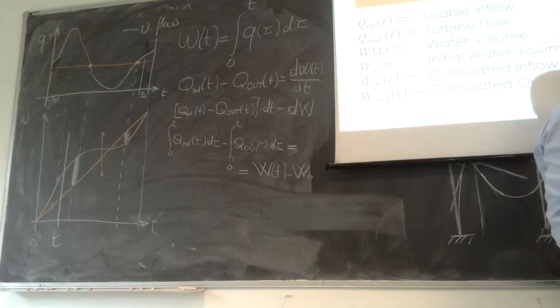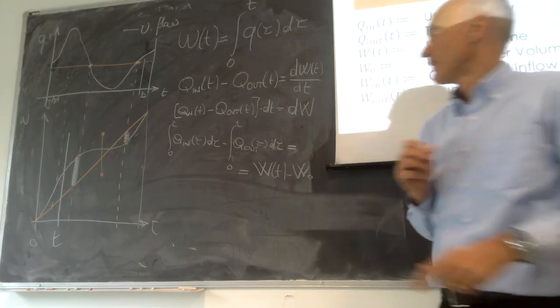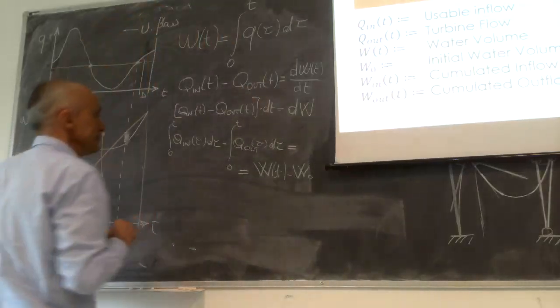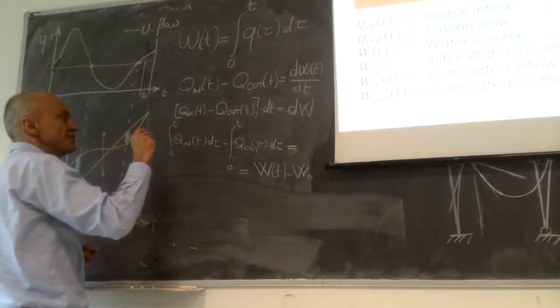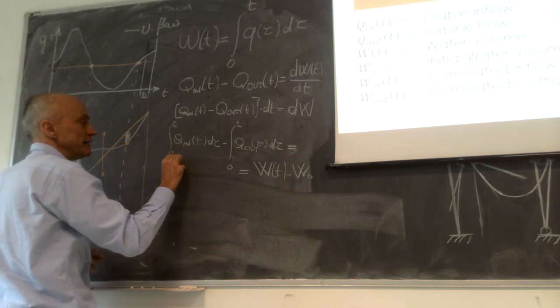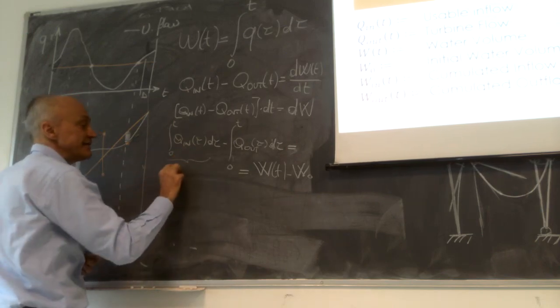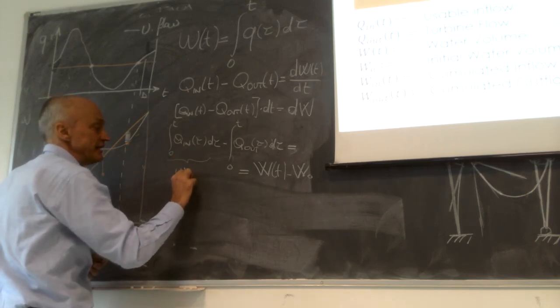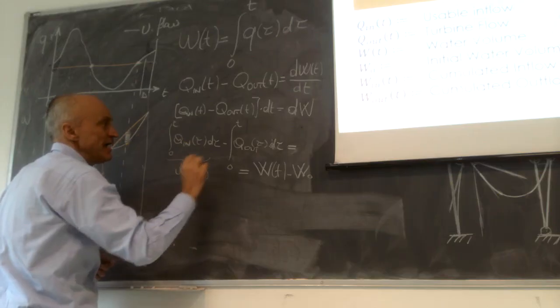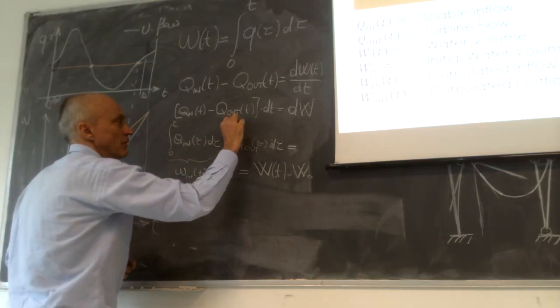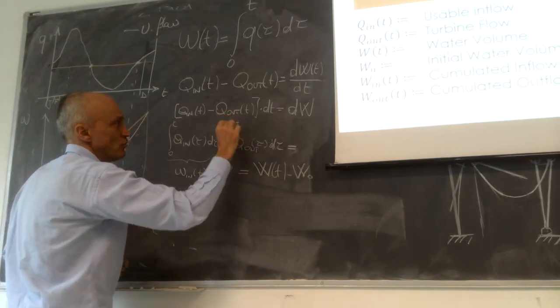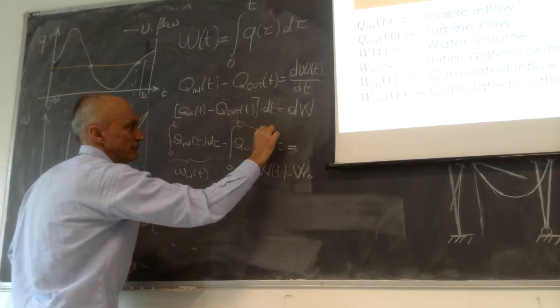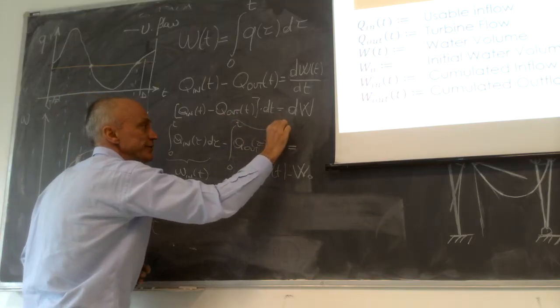And the same I did for W out. This is the integral in time of the volume that goes to the turbine. So basically, in my slides, this is W in, and all this is W out.